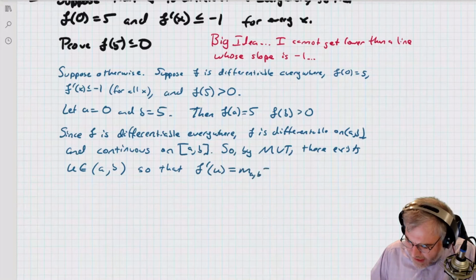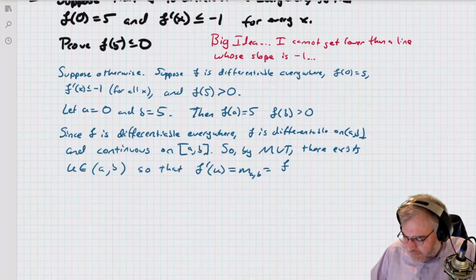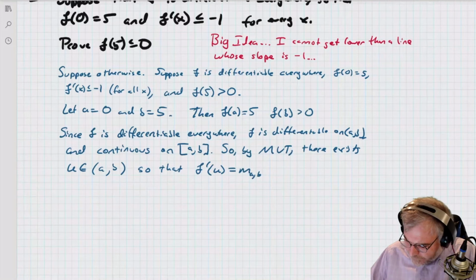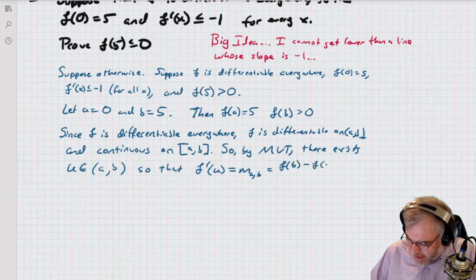Well, let's go ahead and calculate that. I don't know what f of b is yet, right? I only know that it's bigger than something. So f of b minus f of a over b minus a.